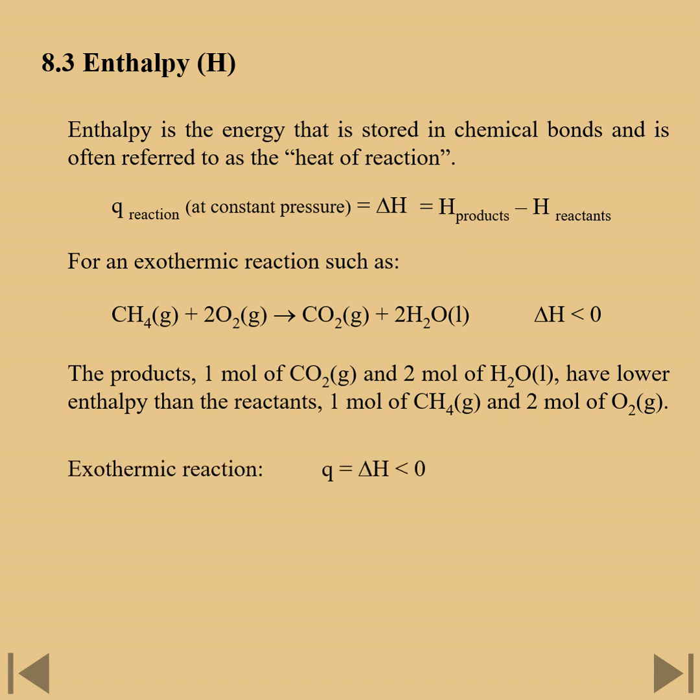So we see in an exothermic reaction, where both Q and delta H are negative, the energy stored in the bonds of the products is less than the energy stored in the bonds of the reactants. Whereas in an endothermic reaction, where energy is coming in and delta H and Q are both positive, the energy stored in the bonds of the products is now greater than the energy stored in the bonds of the reactants.